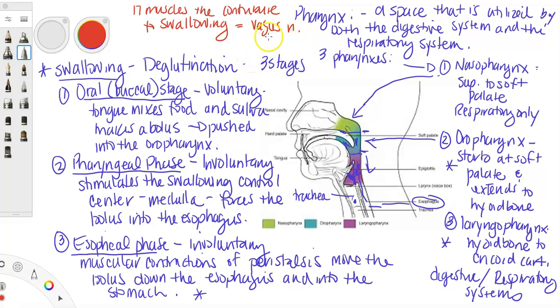The vagus nerve basically, if you want to check the vagus nerve, the vagus nerve is in control of the gag reflex. It provides the gag reflex. So putting your finger down your throat or like towards that is a way to check the functioning of the vagus nerve. So if you gag, then the vagus nerve is working.